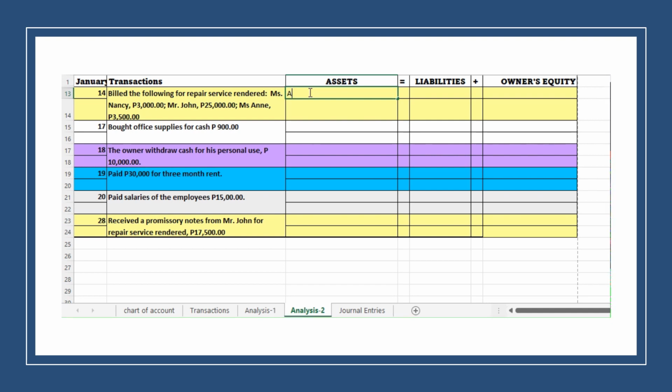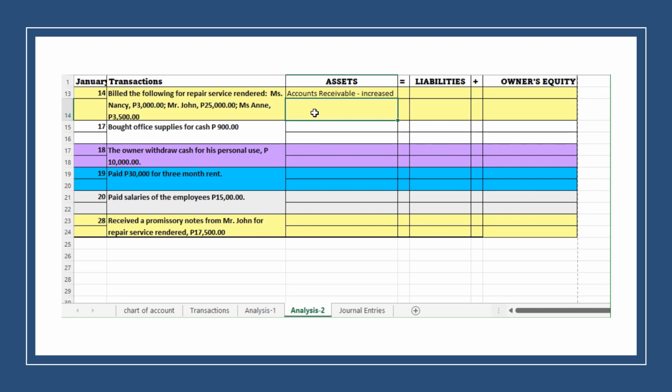So we have to write accounts receivable. And this is an increase. Did you get it? When we say billed for repair service, it is considered as accounts receivable.